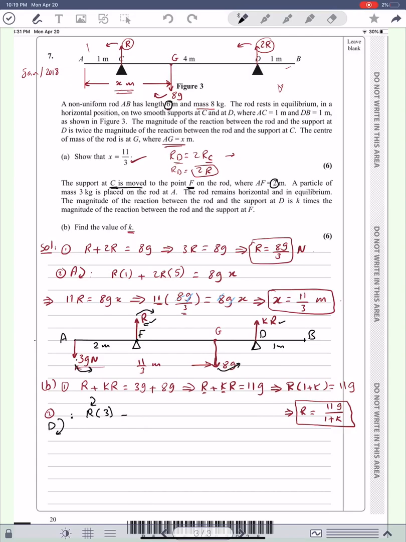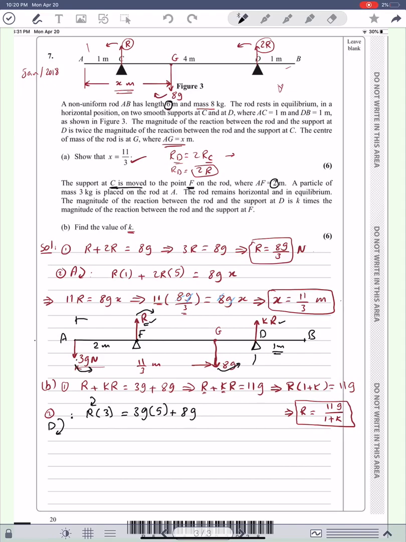This is equal to the moments anticlockwise, which is 3g, dear students. 3g to D, what's the distance between D and 3g? It's 6 minus 1, which is 5. Plus 8g. Between 8g and A is 11/3, and D to A is 5.